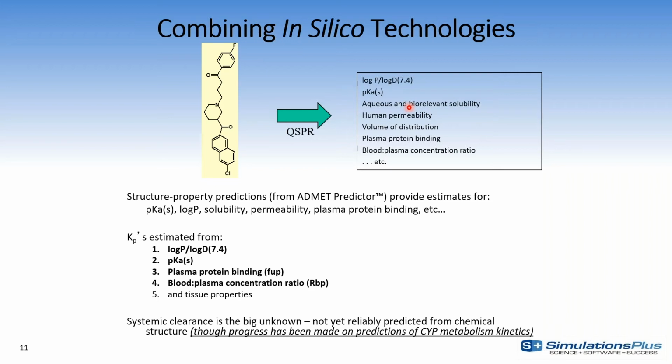So these properties can then be used to estimate the Kp values for our compound. So combining these in silico technologies in our PBPK modeling already can give you very reliable predictions for the compound, even without running the experiments.